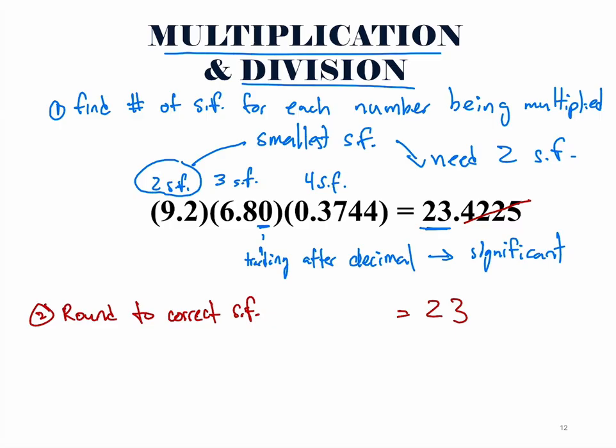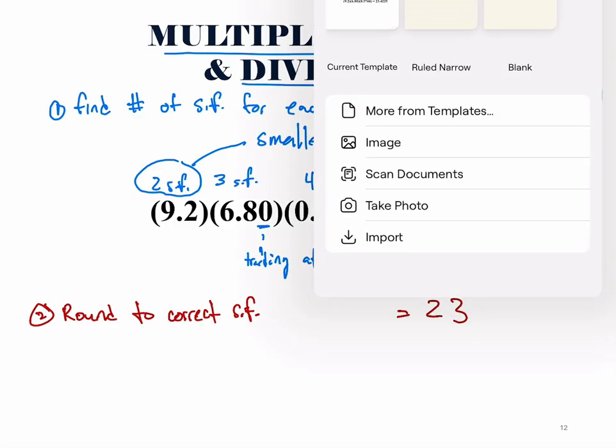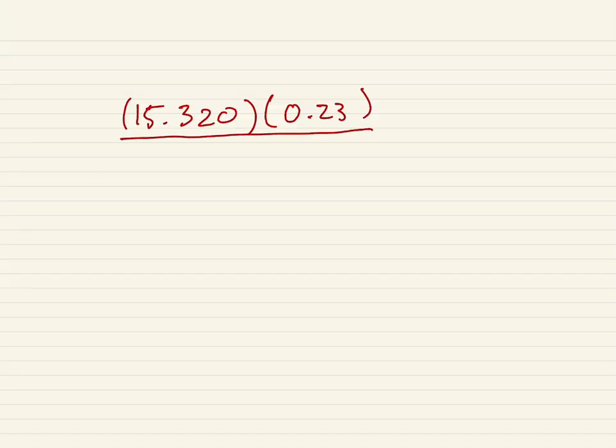All right, so let's do another example. Let's do 15.320 times 0.23 divided by 6.89.